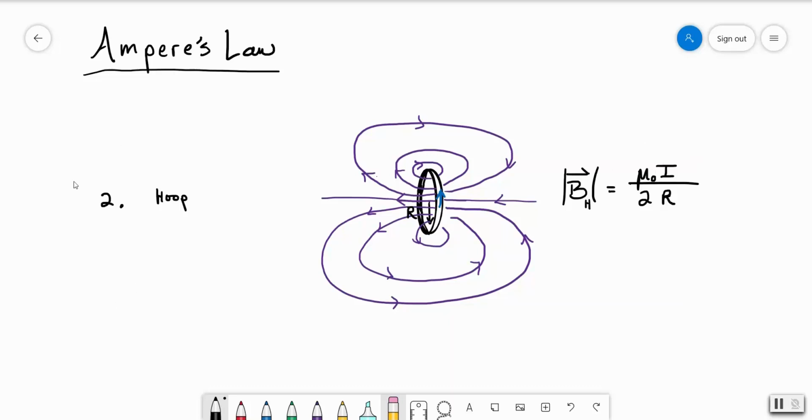Not much more to the hoop geometry. It is interesting to note that we sometimes refer to this as a dipole or a dipole moment.